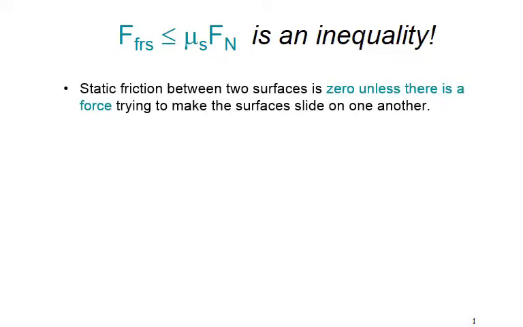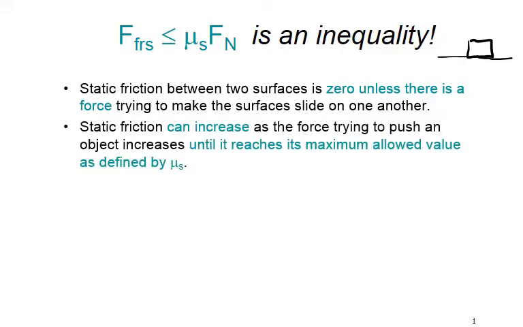And the static friction between two surfaces is zero unless there is a force trying to make the surfaces slide. So just an object sitting there will not constitute any static friction until you actually try to push it or pull it.